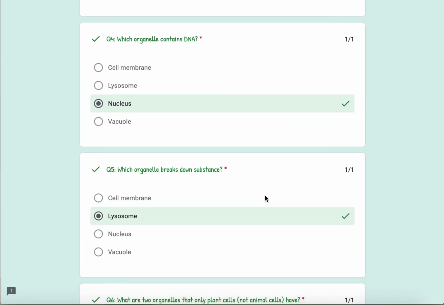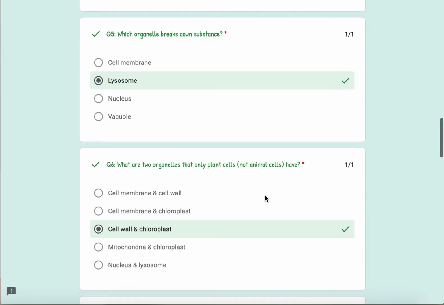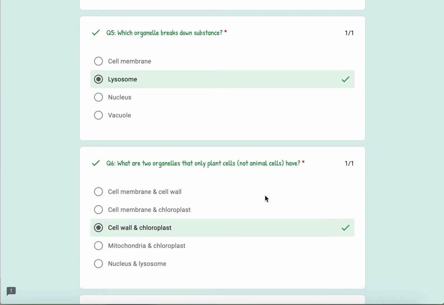Question 5, lysosomes break down substances. Question 6, the two organelles that only plant cells, not animal cells, have, that would be the cell wall and chloroplast. Again, the cell wall gives plant cells a rigid structure, and chloroplasts help plant cells to make their own food.